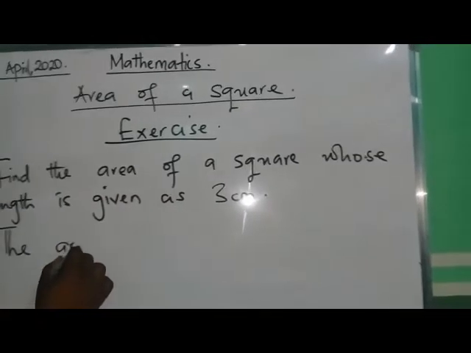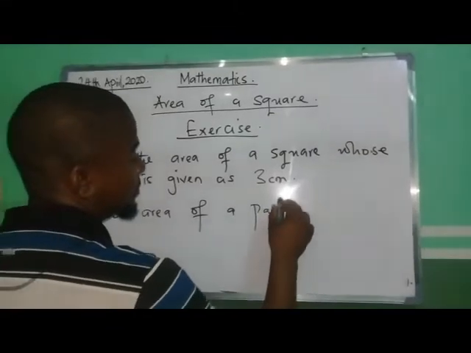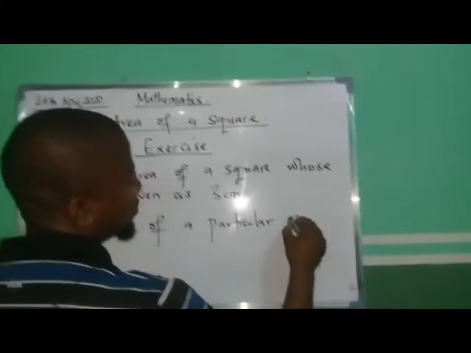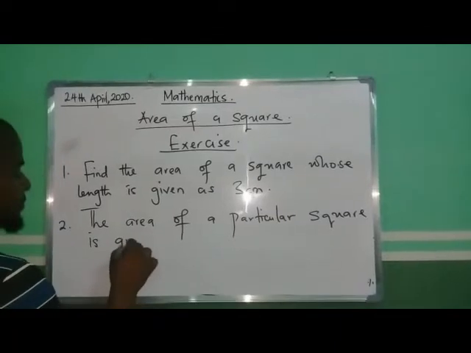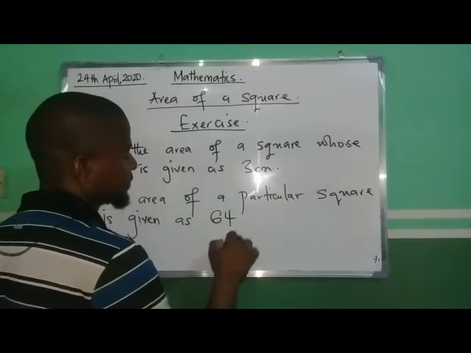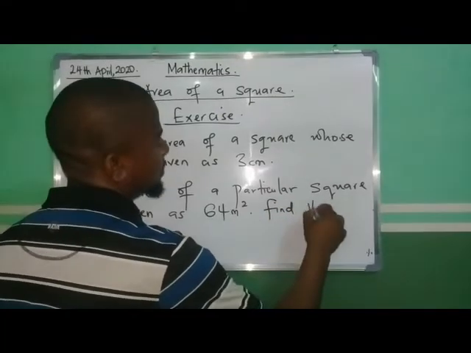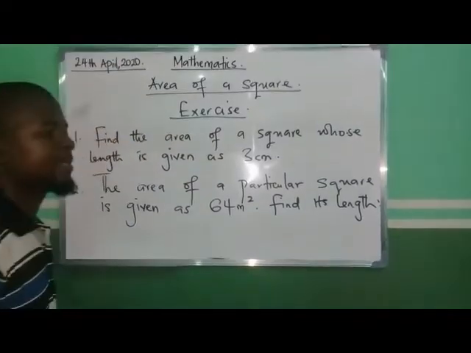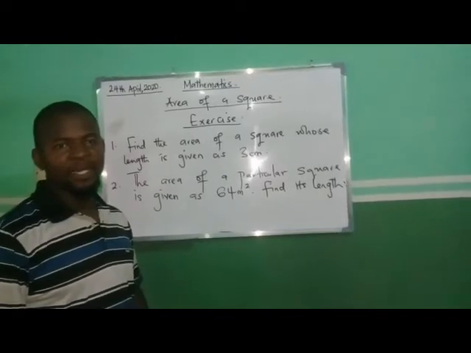The area of a particular square is given as 64 meters squared. Find its length. Okay, find its length. So that will be all for now, inshallah.